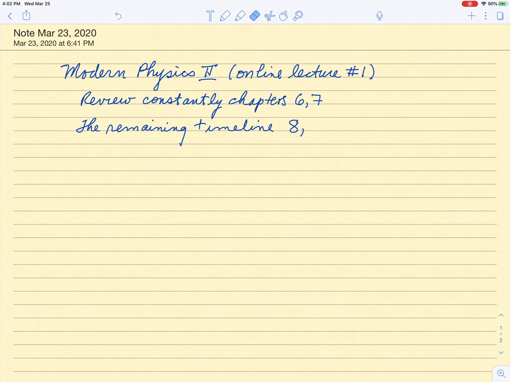And then I think we'll move up to chapter 11, and then we'll come back and do chapter 10. And that might be it. If I can do some nuclear physics near the end, that would be great. But certainly no promises on this end.